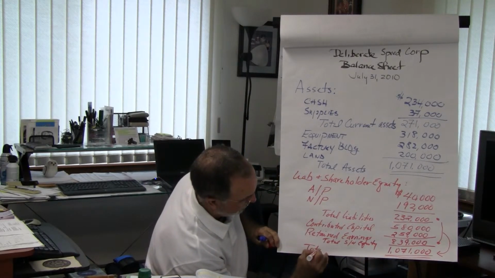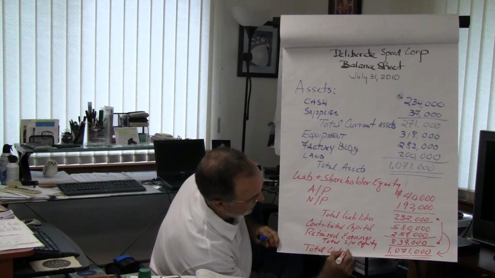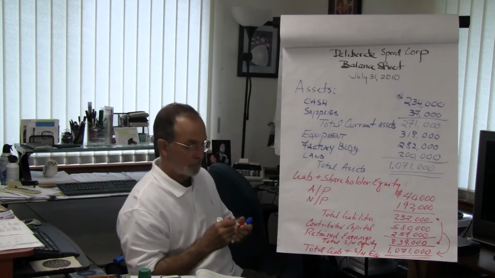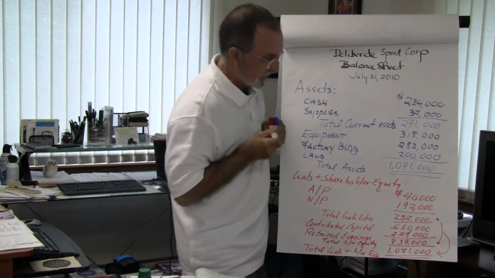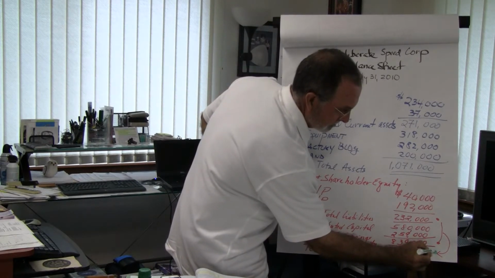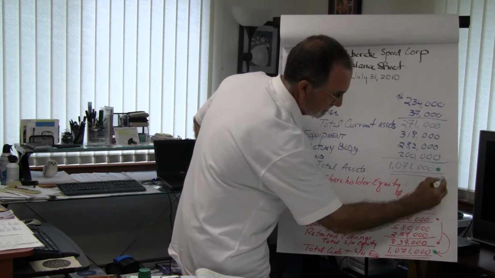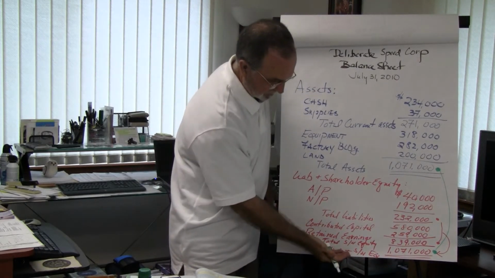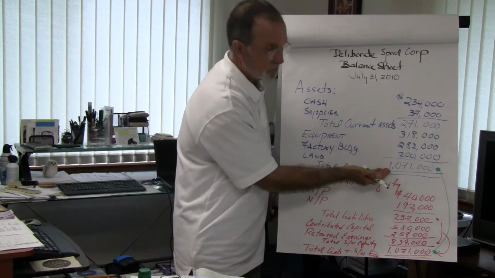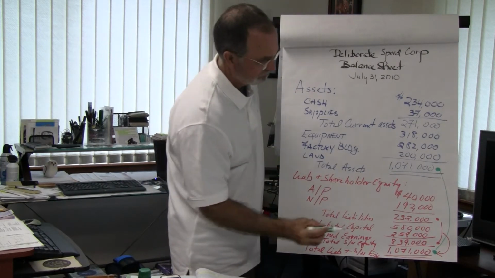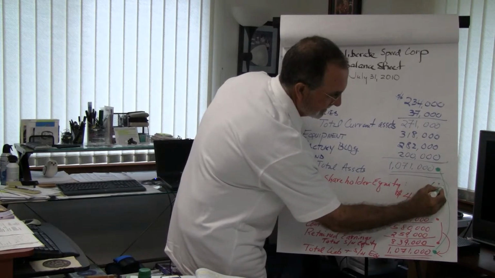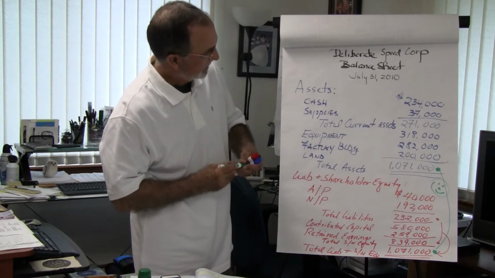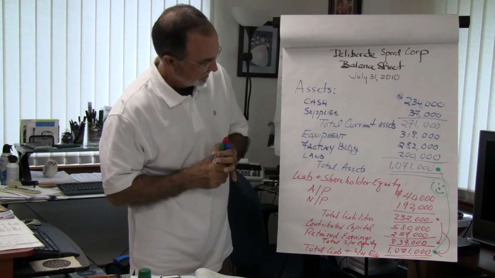Total liabilities plus shareholders' equity, which again are equal. I'm sorry, total liabilities and shareholders' equity is equal to total assets. That's what we want to see. We're in balance.